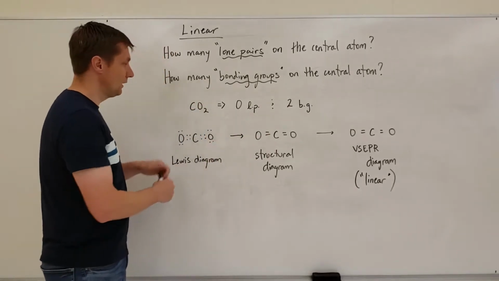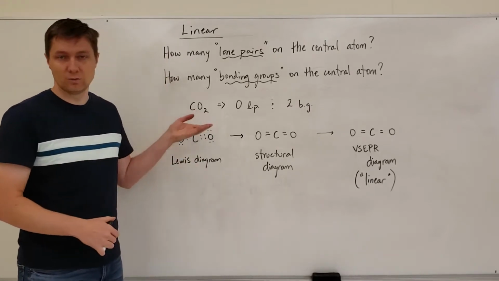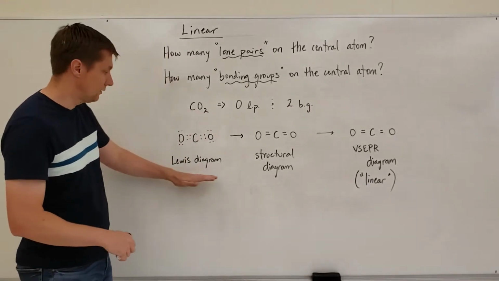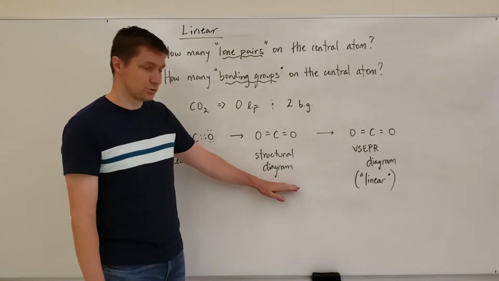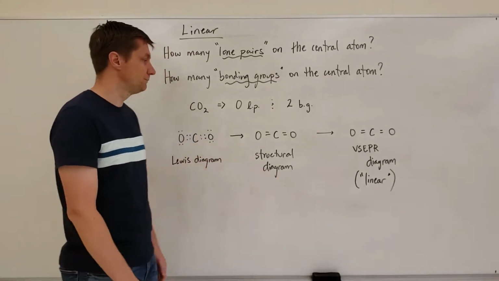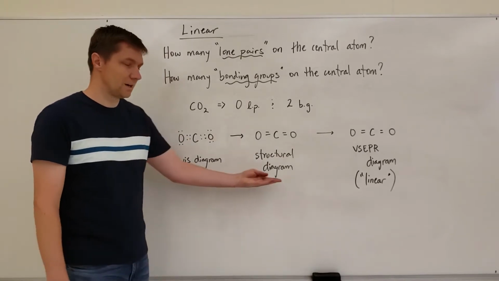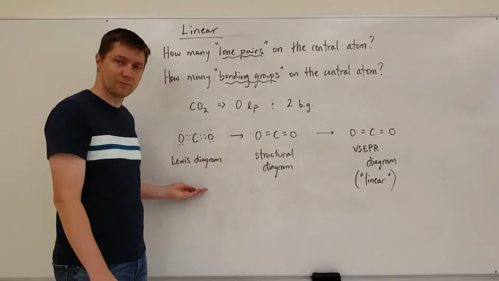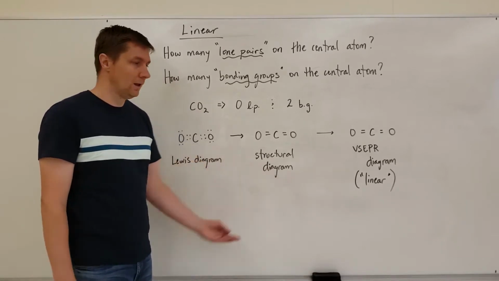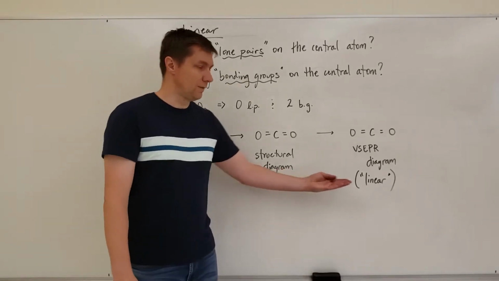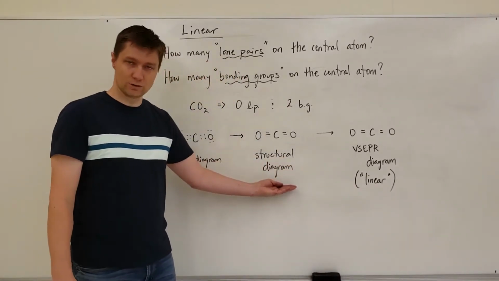You can see in this example that we did before, carbon dioxide, here's the Lewis diagram that we illustrated in the previous video, and then the structural diagram that we also illustrated. The reason that drawing Lewis diagrams is important is that we need the Lewis diagrams in order to determine the structural diagram. And in order to determine the VSEPR diagram, we need to know the structural diagram.